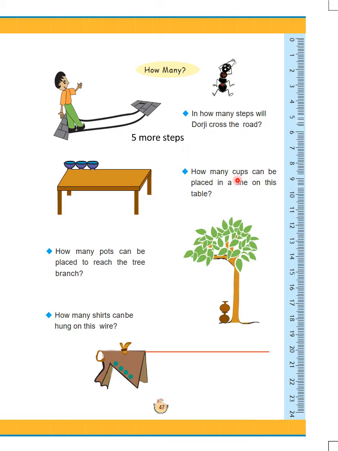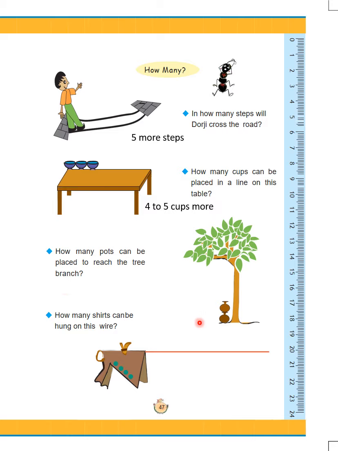How many cups can be placed in a line on this table? After counting, we come to know that 4 to 5 more cups can be placed in a line on this table. How many pots can be placed to reach the tree branch?